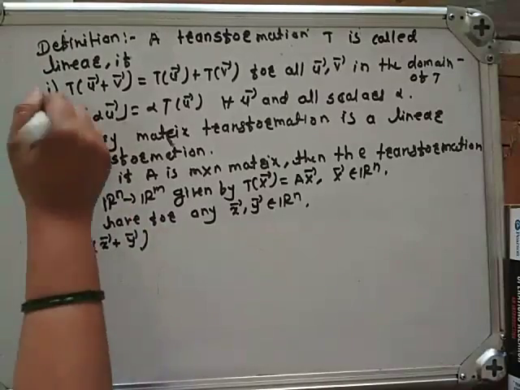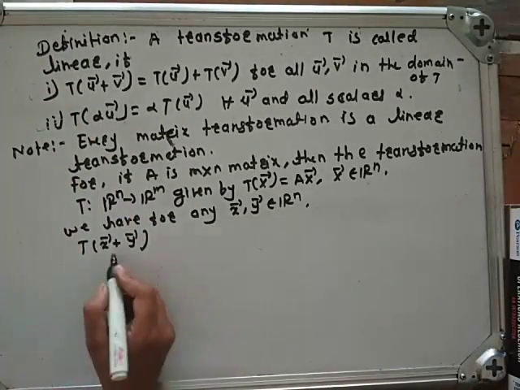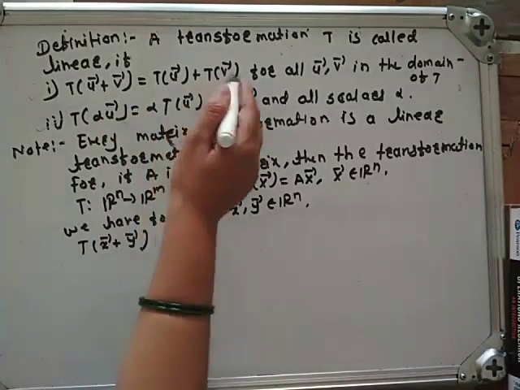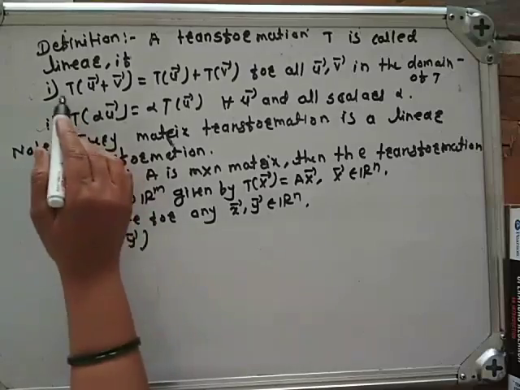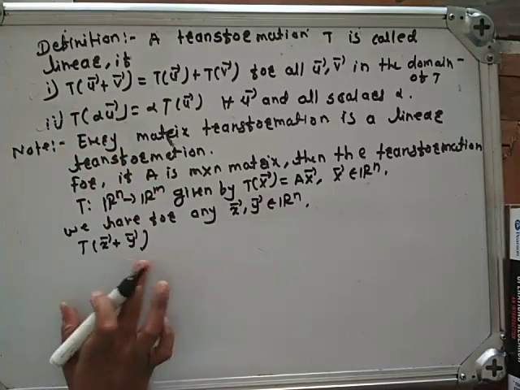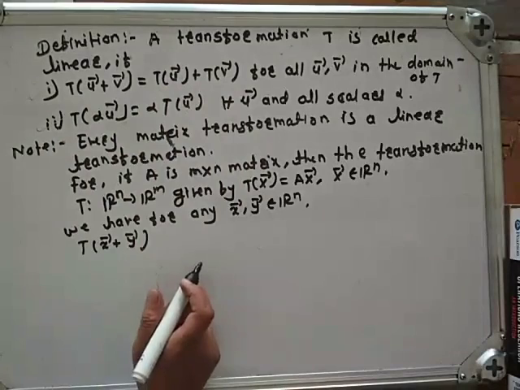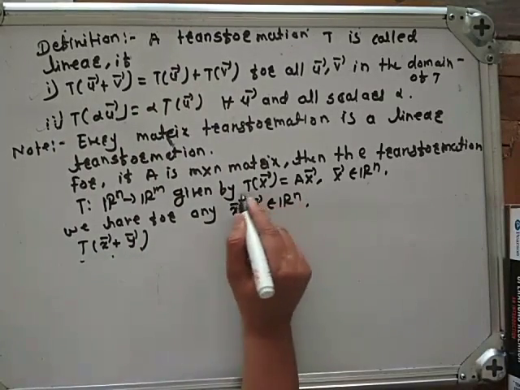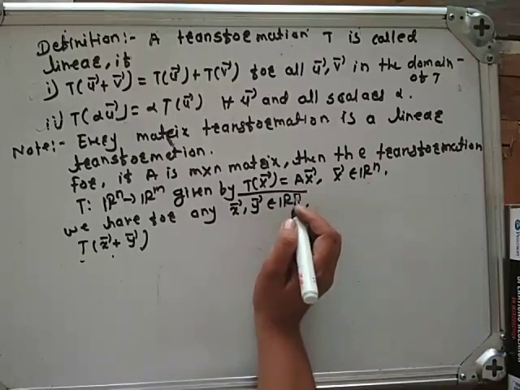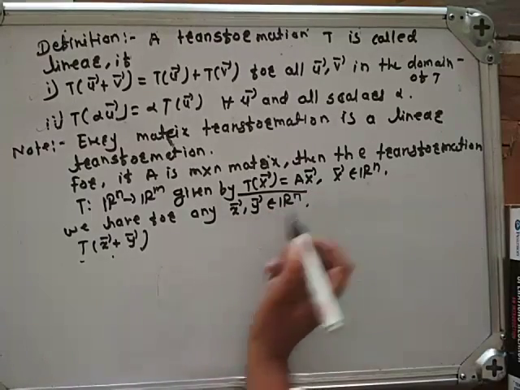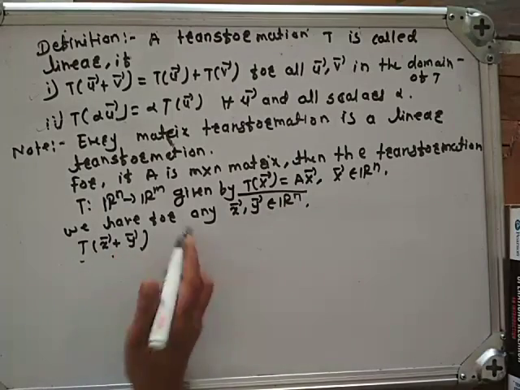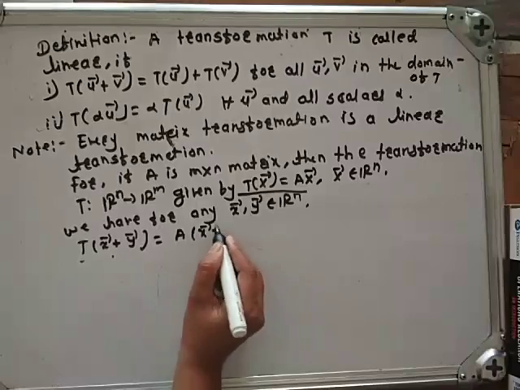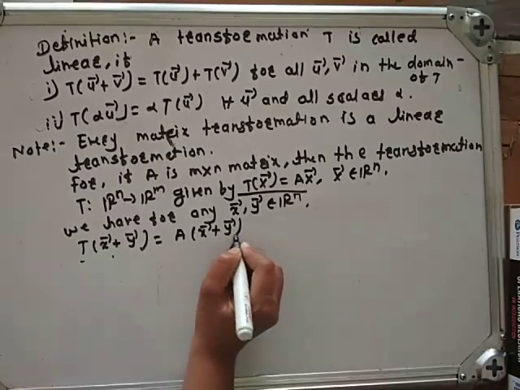We have to satisfy these two properties. We have to show that T of x bar plus y bar is equal to T of x bar plus T of y bar. Okay. Here T is defined as T of x bar is equals to A into x bar. So T of x bar plus y bar is equals to A into x bar plus y bar. Okay.